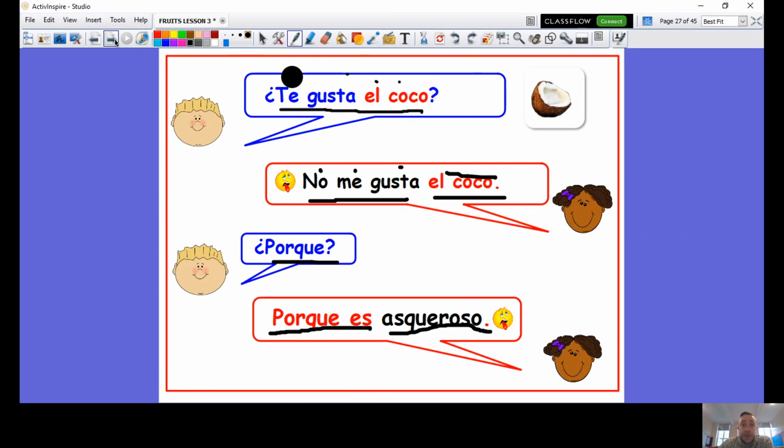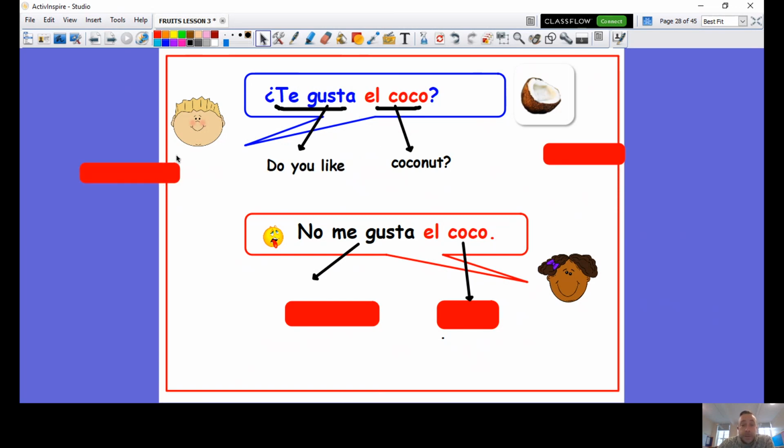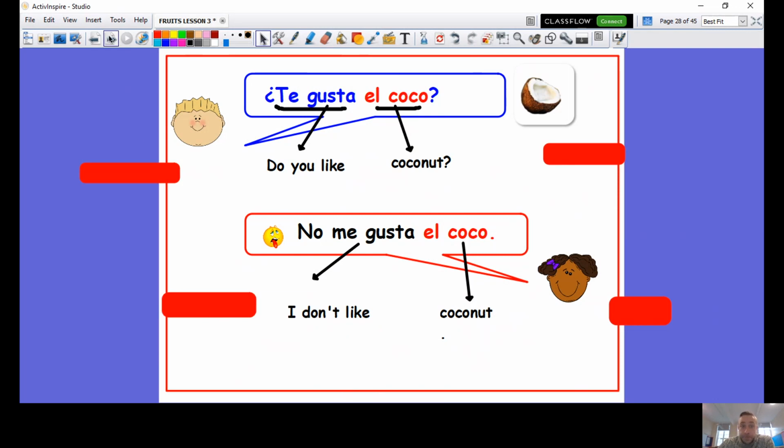What does asqueroso mean? Let's have a look at the conversation in pieces, and then you can help me with what asqueroso means. So let's start here. ¿Te gusta el coco? Well, I know that el coco is coconut, and te gusta means do you like? She says, no me gusta el coco. I know me gusta is I like, but it has no. So no me gusta must mean correcto, I don't like.